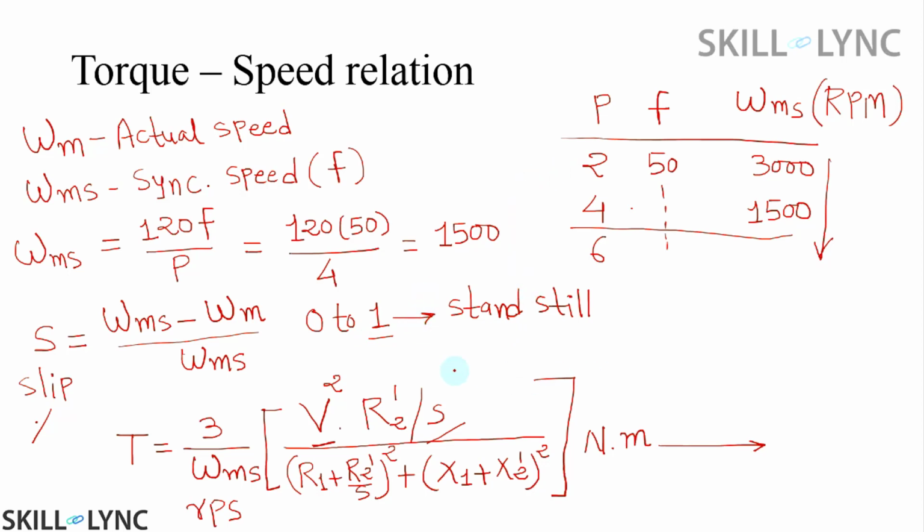Now here, if I vary from 0 to 1 and plot the torque as a function of slip, keeping all these parameters constant, I'm going to get a relation between speed and torque. So now I'm going to move to the MATLAB window. I have a MATLAB program which implements this particular equation, and we are going to plot the characteristic and see how the characteristics look.